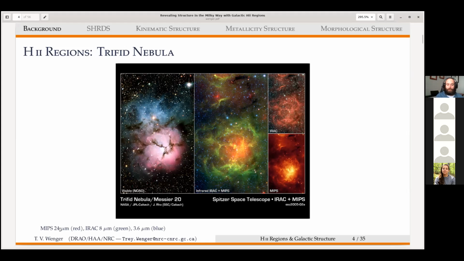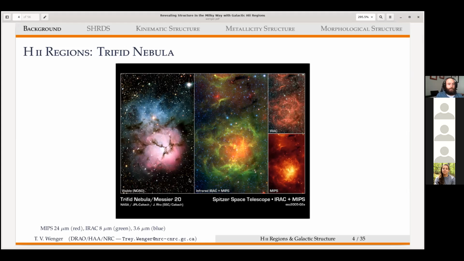In red is 24 micron MIPS data, and in green and blue are 8 micron and 3.6 micron IRAC data, really showing you this typical infrared characteristic morphology of an H2 region, which is the heated dust grains in the center. That's what the 24 micron emission is really tracing, surrounded by the polycyclic aromatic hydrocarbons, the PAHs, which is tracing the photodissociation region that surrounds the H2 region.